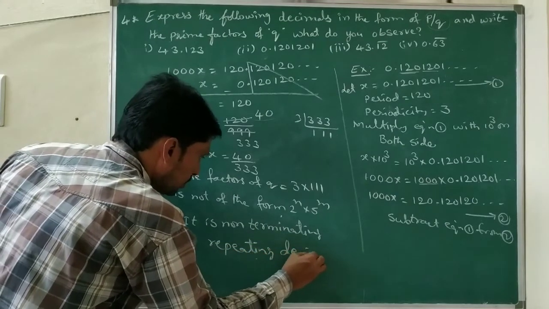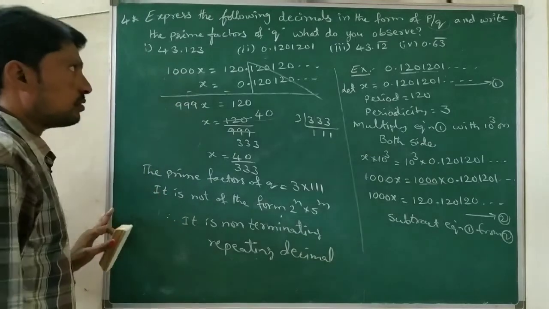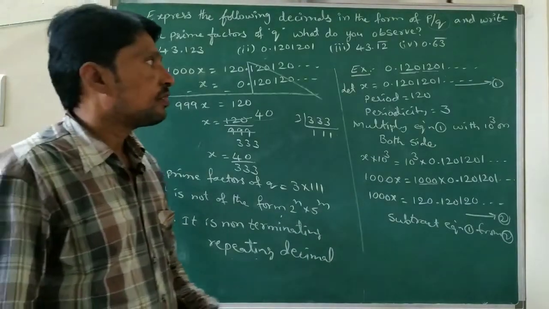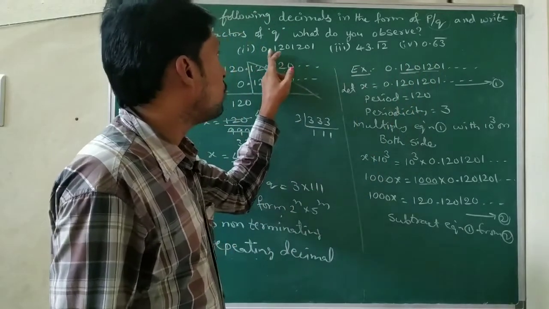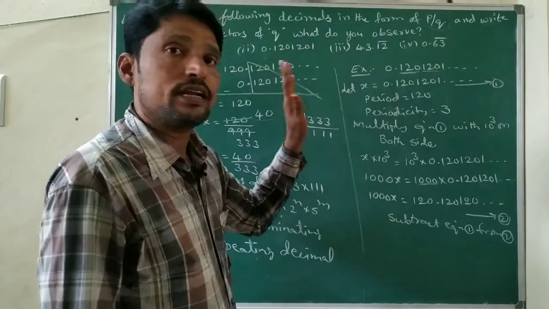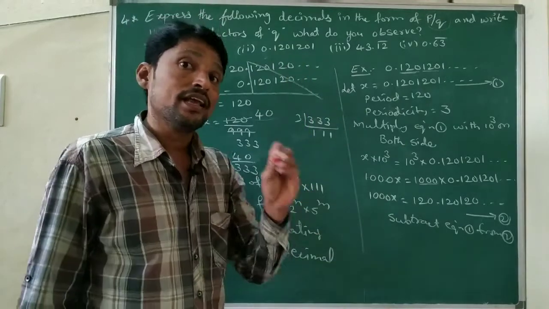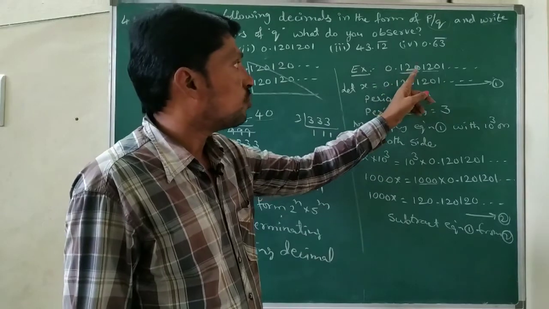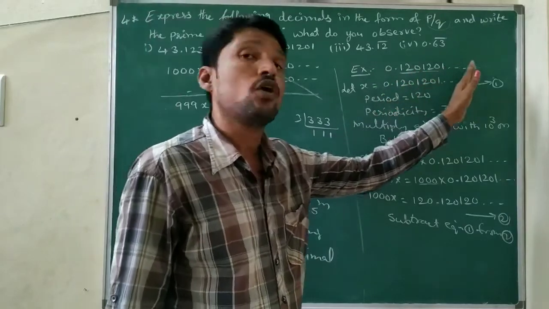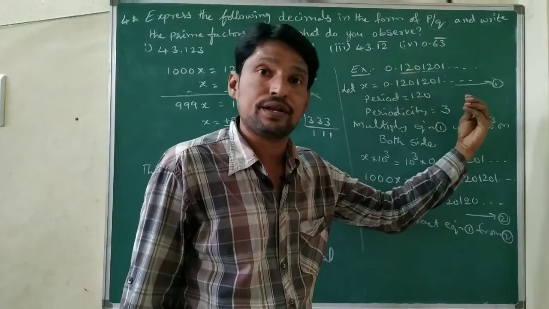Repeating decimal. So here, the question is 0.120120, it is stopped, meaning we get a terminating decimal only. But here, 0.120120 and so on means it is a non-terminating repeating decimal only.